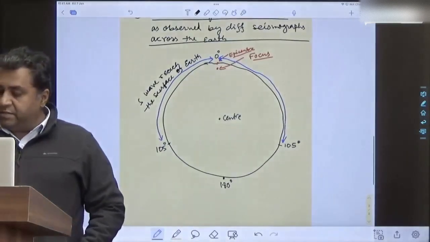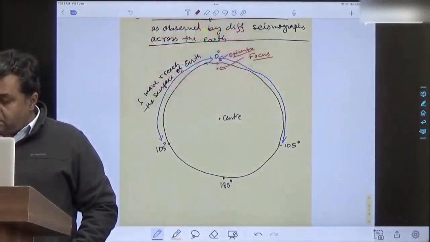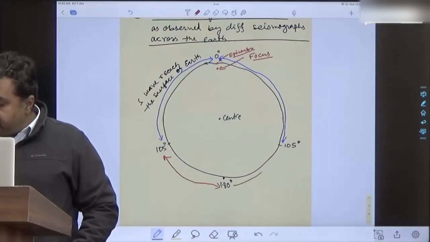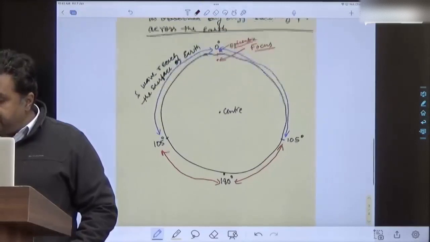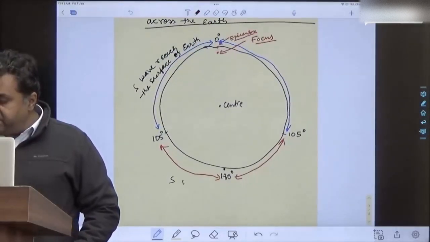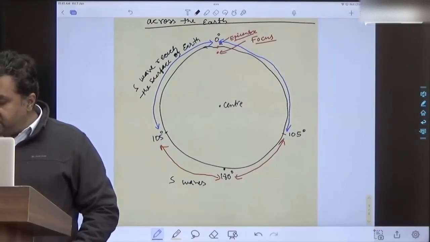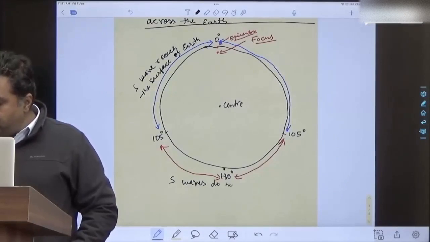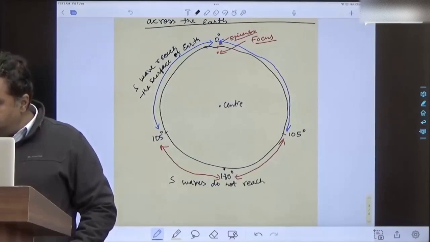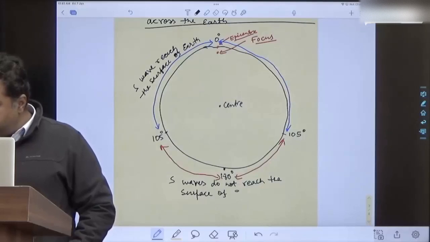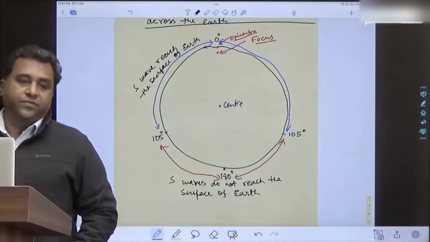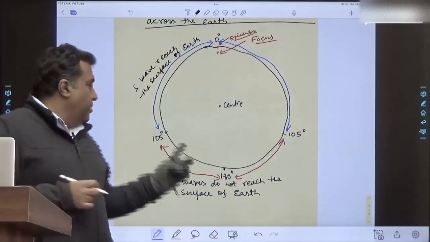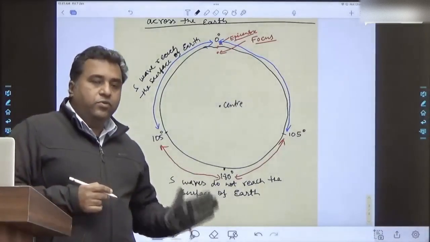Okay, but from 105 to 180 degree, S waves do not reach the surface of earth.